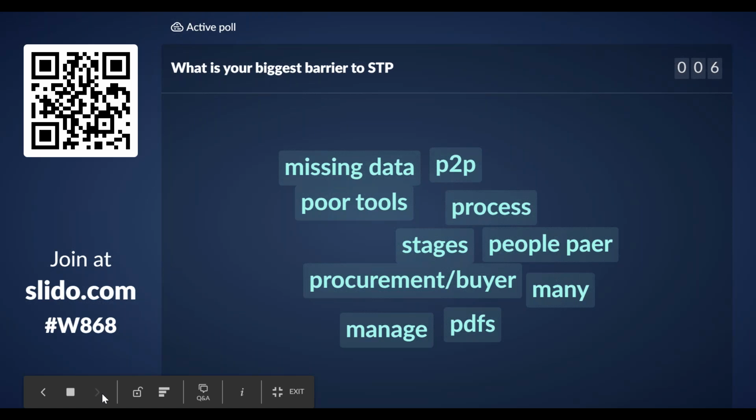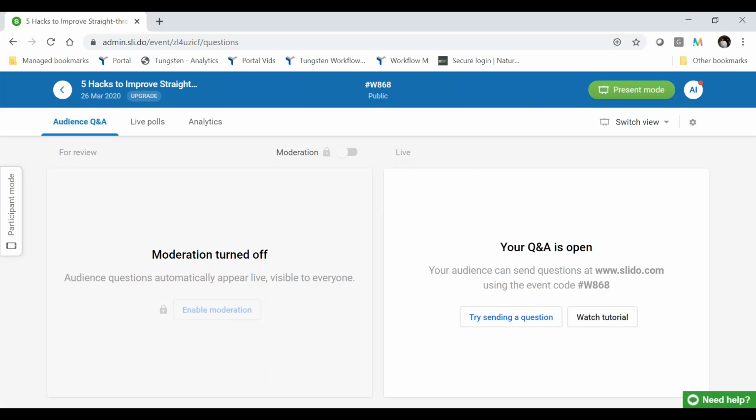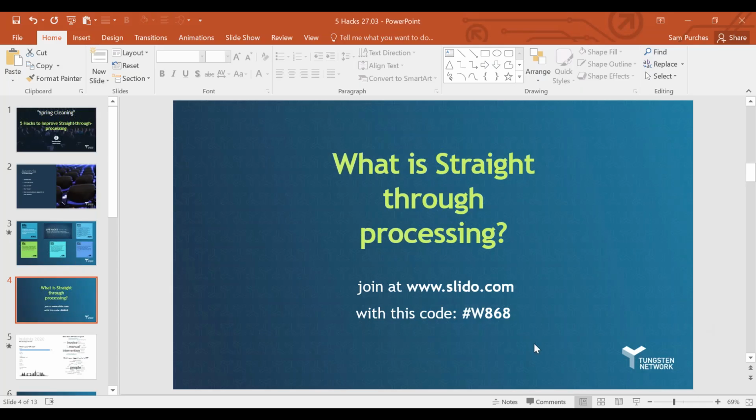But there's probably a theme around process: procurement, stages, and also the quality of invoice data. So we've got PDFs, missing data, portals, and so on. Hopefully that's given you some food for thought on what your peers are experiencing and what we think the P2P definition is.